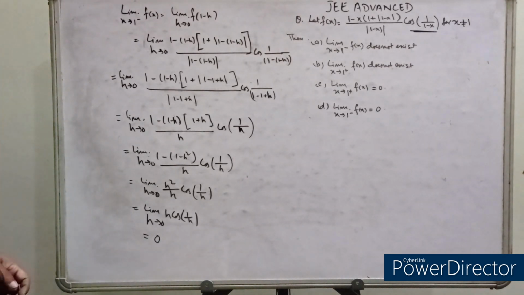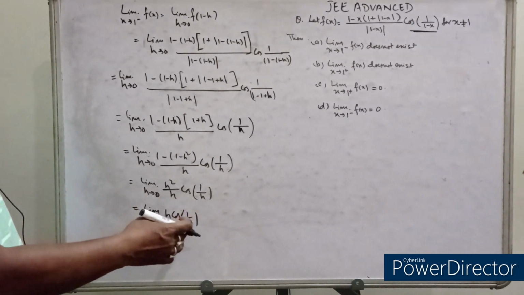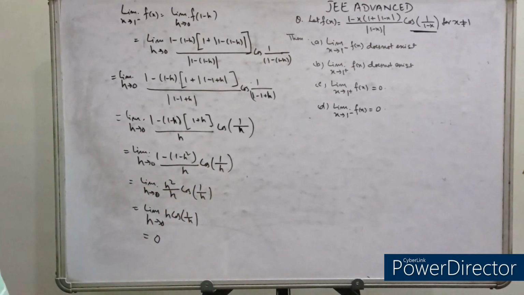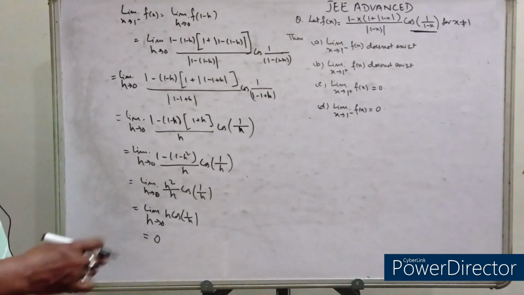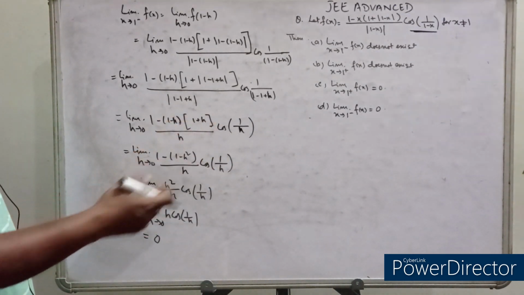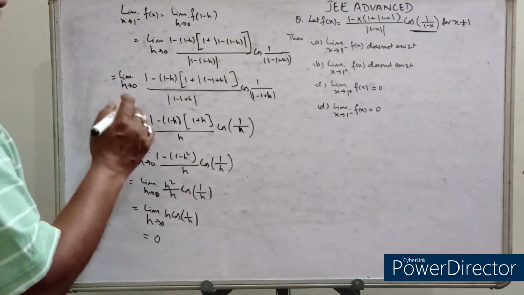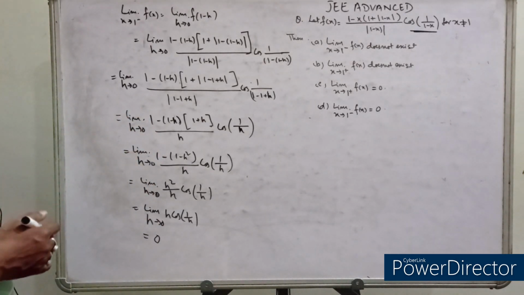You should not be confused about this, because you might be thinking that 1 by 0 is infinity, again 0 into infinity. We do not consider it like that. Here, since h is 0, 0 into anything is 0. So what is the main point here, where does a student make the mistake?